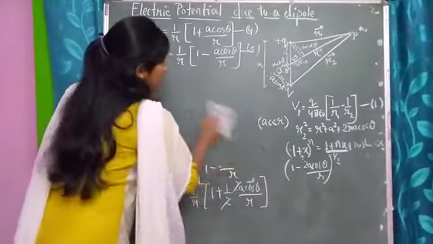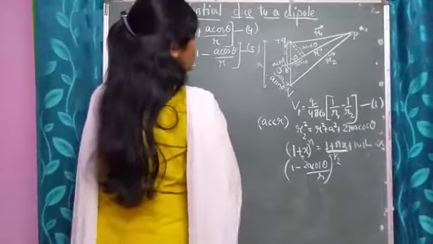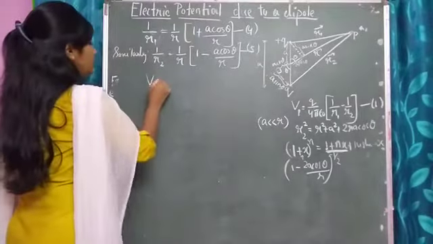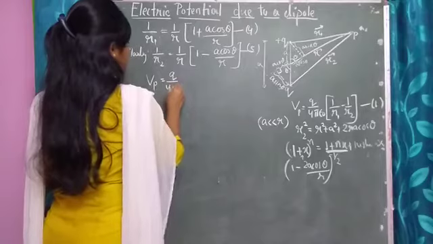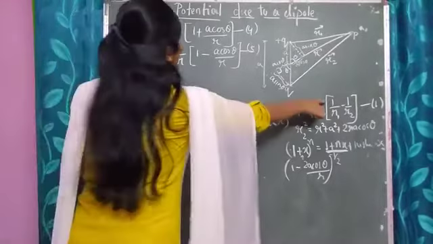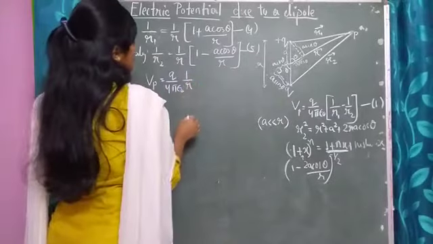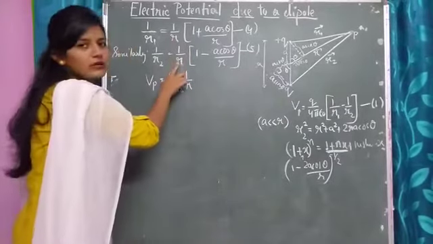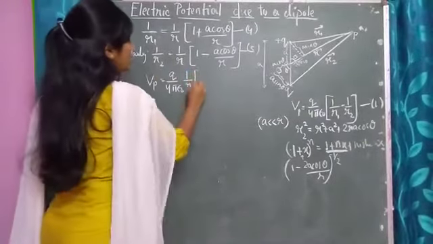Putting the values of 4 and 5 in equation 1, we have V at point P is Q by 4 pi epsilon naught times 1 by R1. Here we can take 1 by R common.